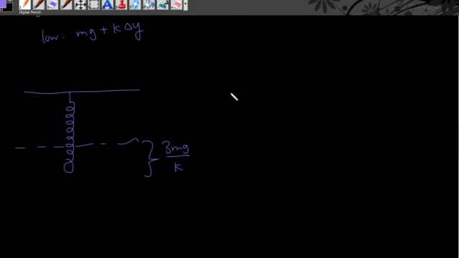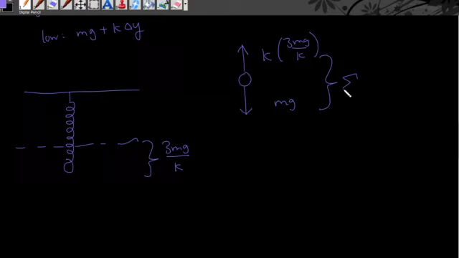Oh, this one's actually pretty easy. Let's look at the mass and draw a free body diagram. There's mg, and there's also the restoring force, or the spring force, which is k times the displacement, which is just 3mg over k. So this cancels out neatly.